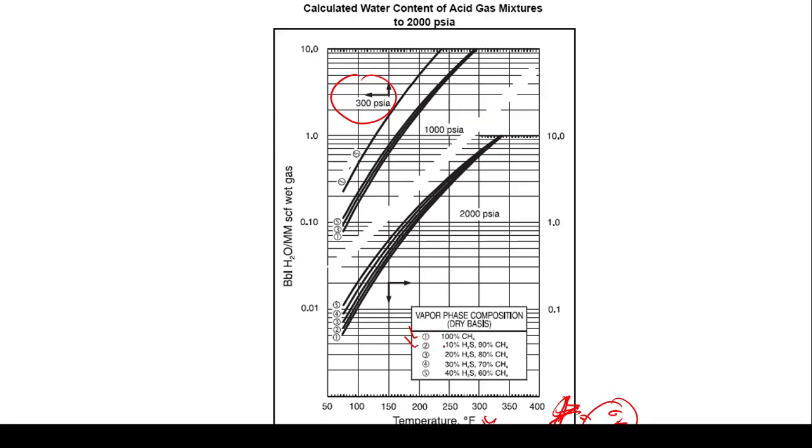The second case, on a dry basis, where water is ignored, is 10% H2S and the remaining 90% methane. Here H2S means H2S plus CO2. The third condition is 20% H2S and 80% methane. The fourth is 30%, and the fifth is 50% H2S and the remainder methane. So these are the 5 different conditions on which we are going to find the water content.